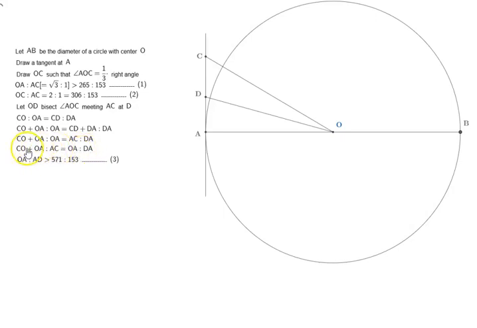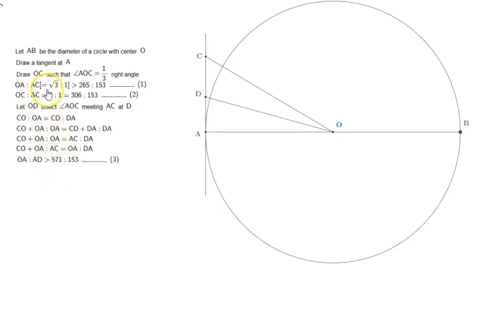So we look at this. CO is 306 plus OA is 265. So 265 plus 306 is 571 is to AC, that is 153.